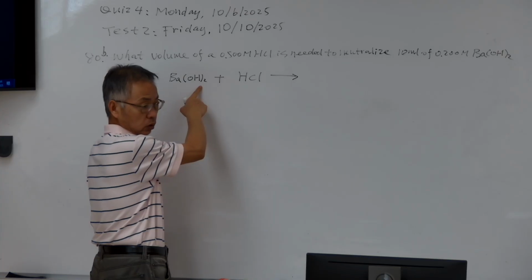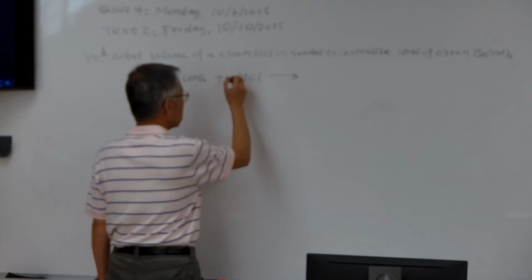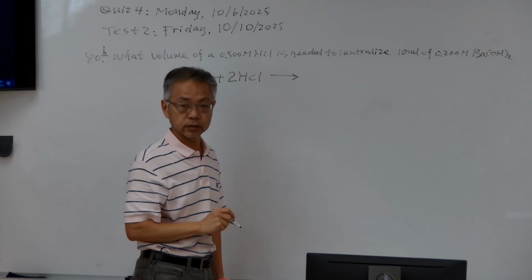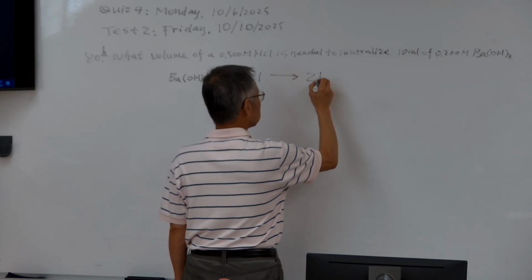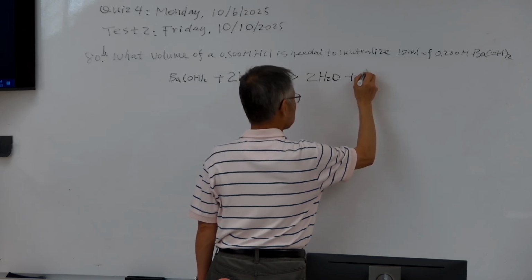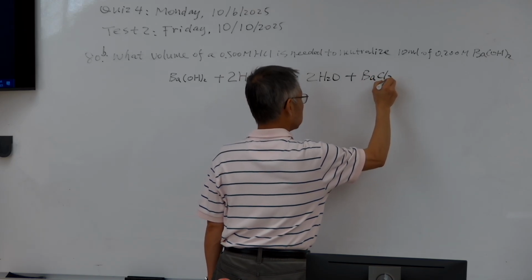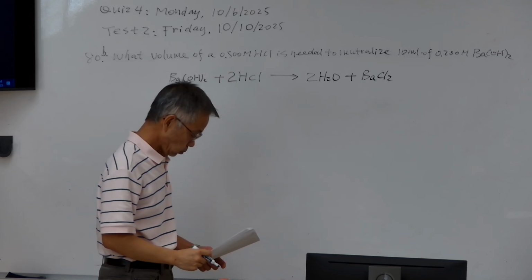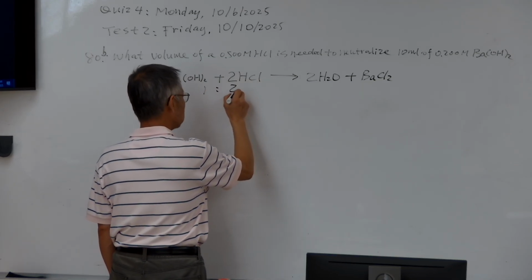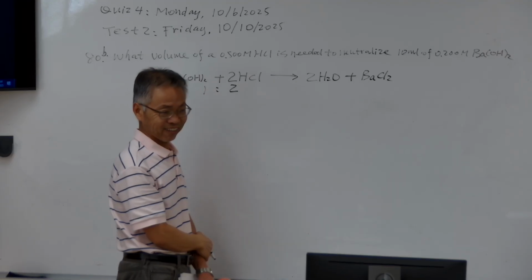Since you have two hydroxide, then you must have two hydrogen to react with it, right? Produce two water. The rest is salt, BaCl2. Okay. So the mole ratio is 1 to 2, right?